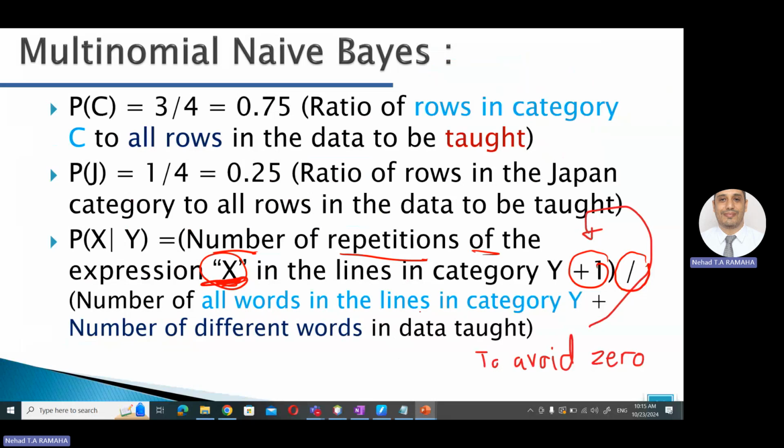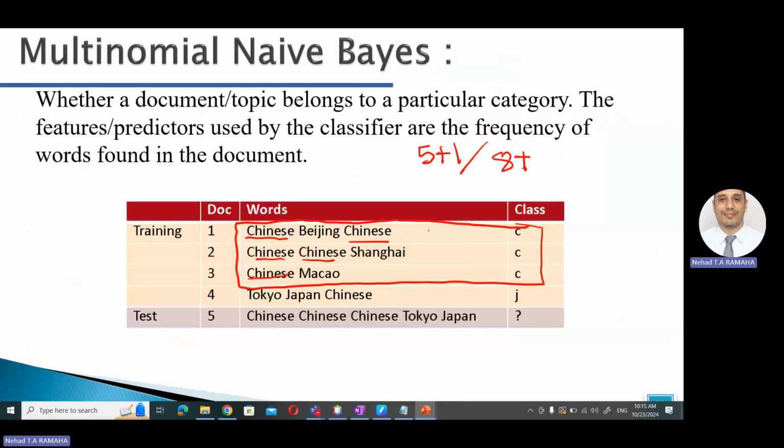How many words we have here? 1, 2, 3, 4, 5, 6, 7, 8. 8 plus how many different words? Different words, not repeated words. Here's the total number of words.